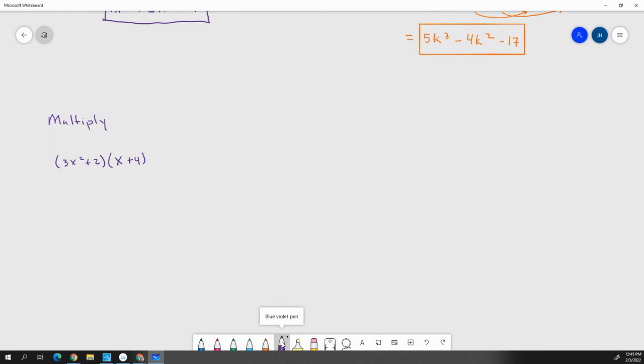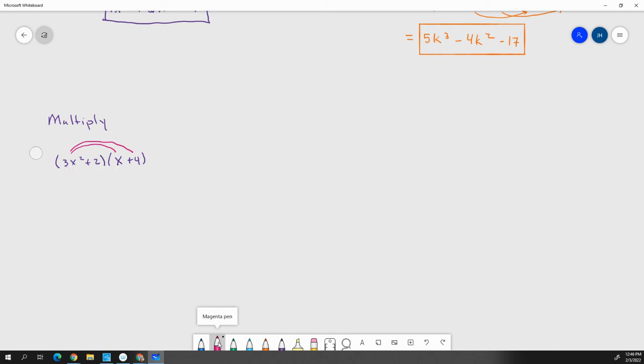And so the way I like to teach it is that we are going to take the first piece right here, and we're going to multiply it times this, and then times that, to every piece in the other parentheses. And once we finish, we're going to take the second number, whatever comes next, and multiply it to each piece. So what does that look like in reality, one at a time?